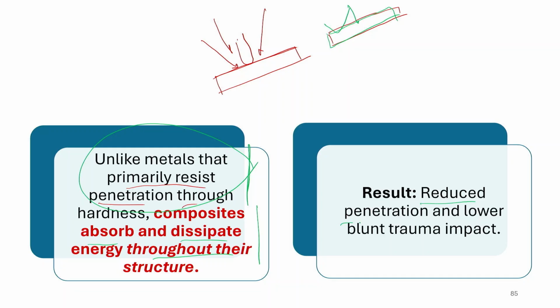It will reduce penetration and lower the blunt trauma impact. In the case of metal, there will be high blunt trauma impact, and we have already discussed that the metal can get damaged, with catastrophic damage to the structure. But in the case of composite material, it will deform, reduce the penetration and lower the blunt trauma.